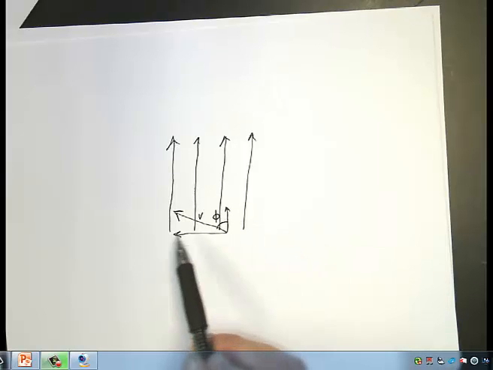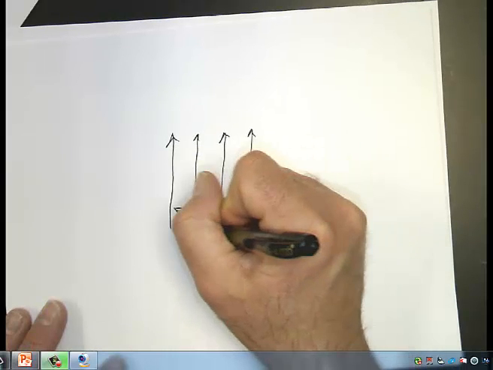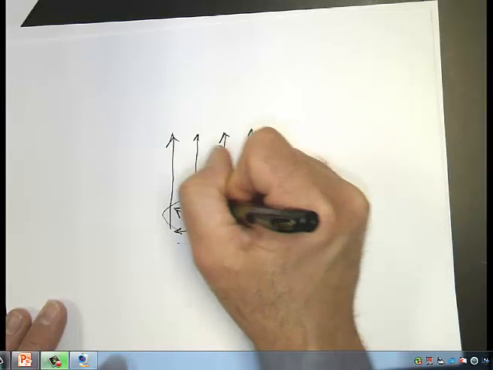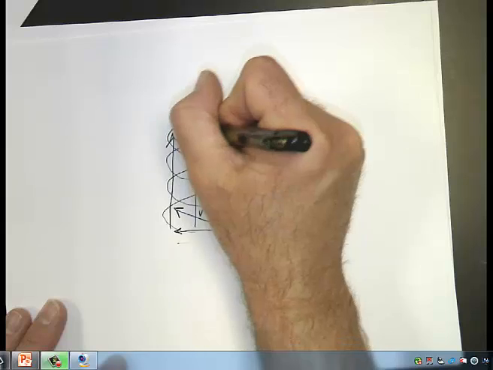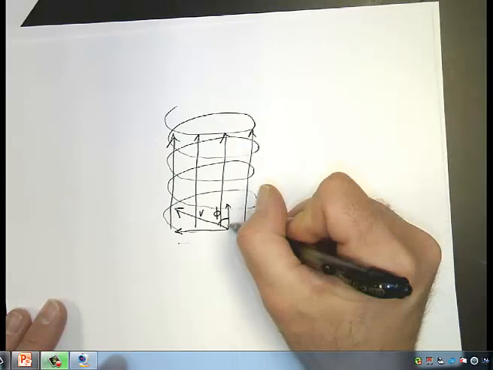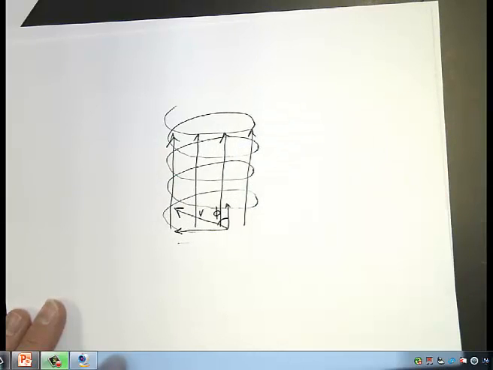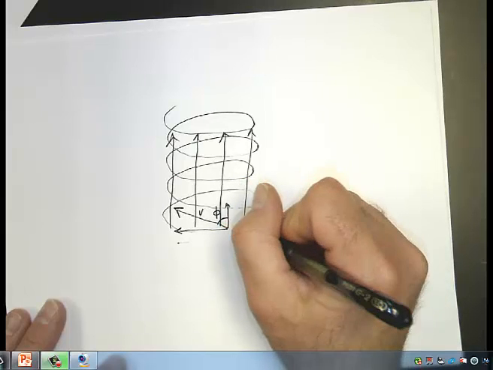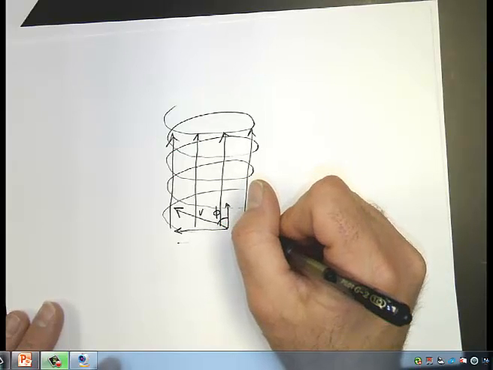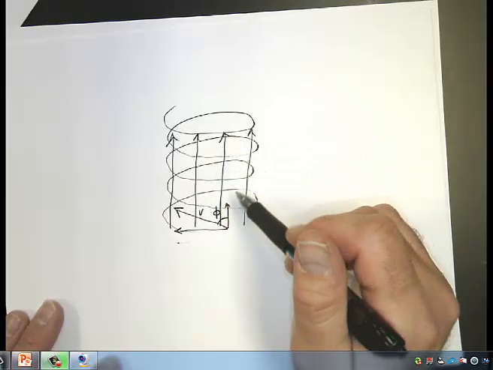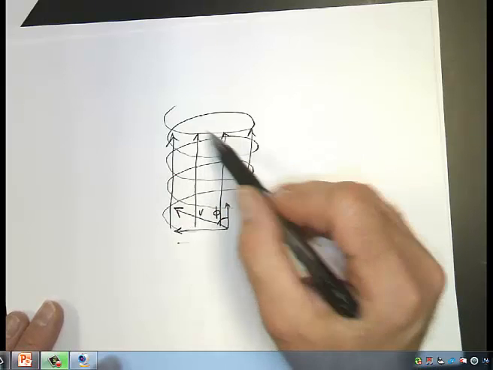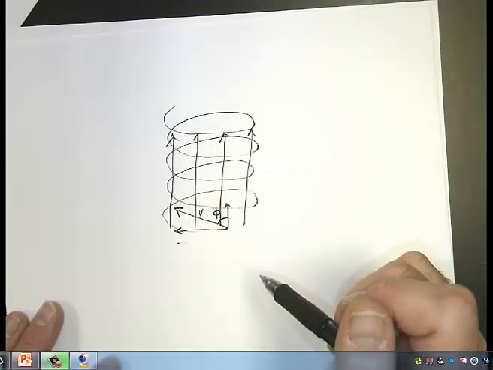So as it circles, okay, trying to draw this in 3D, it will also continue to move in this direction at a particular speed. Okay? So this is kind of weird stuff, but what this is representing is the helical path of a charged particle in a magnetic field.